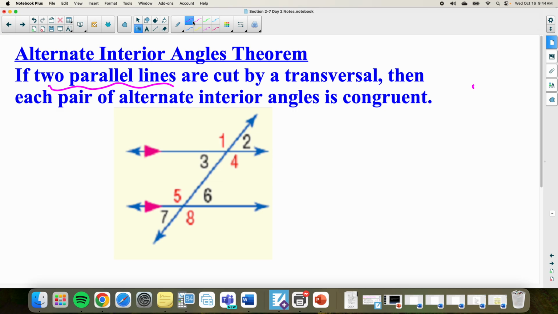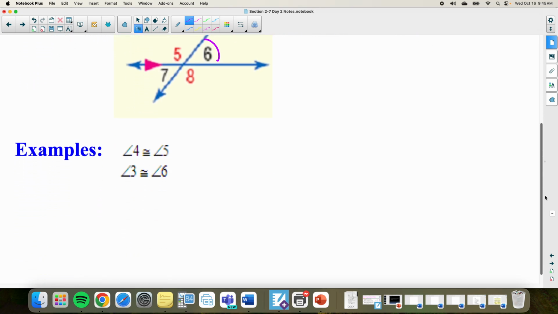Do you guys get alternate interior would be like 3 and 6, right? And what this is saying is if your two lines are parallel, our alternate interior angles are congruent again. So just like corresponding, alternate interior are congruent, all right?